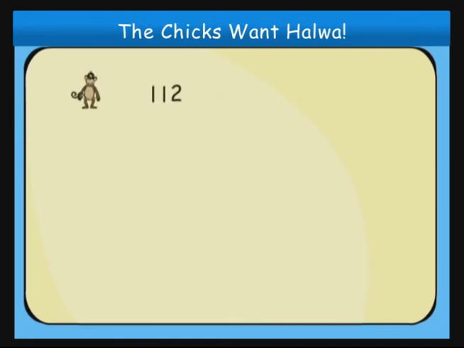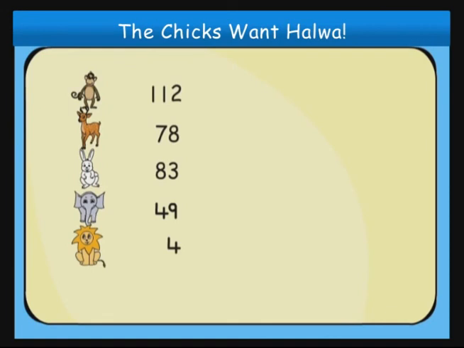In a jungle, there are 112 monkeys, 78 deer, 83 rabbits, 49 elephants, 4 lions, and 2 tigers.